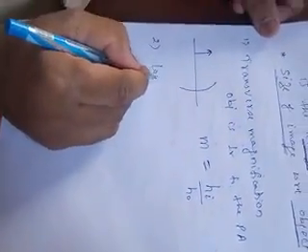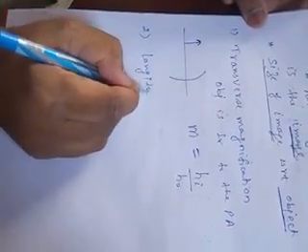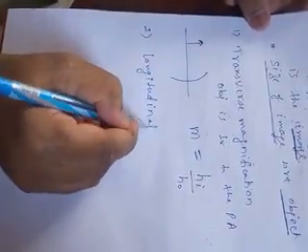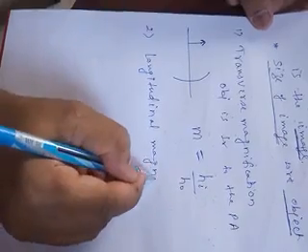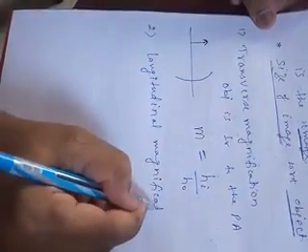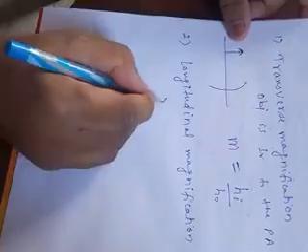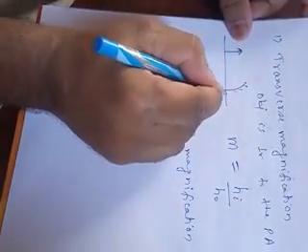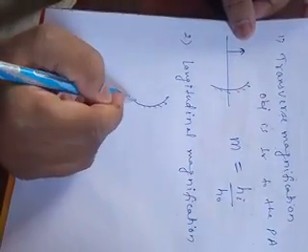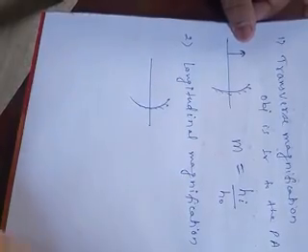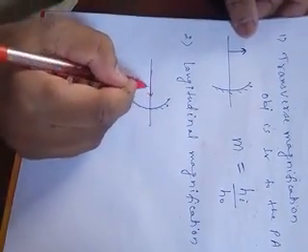Okay. Second case is longitudinal magnification. This case will be used when the object is lying on the principal axis.